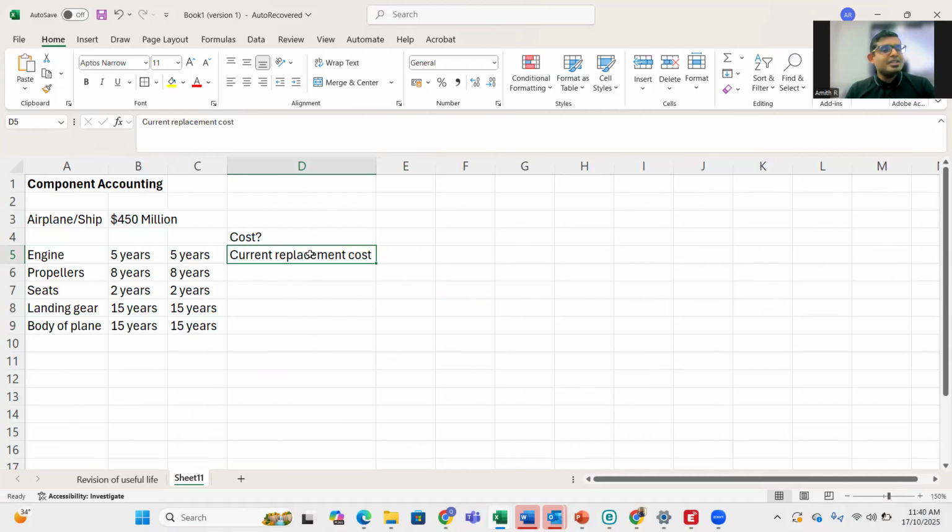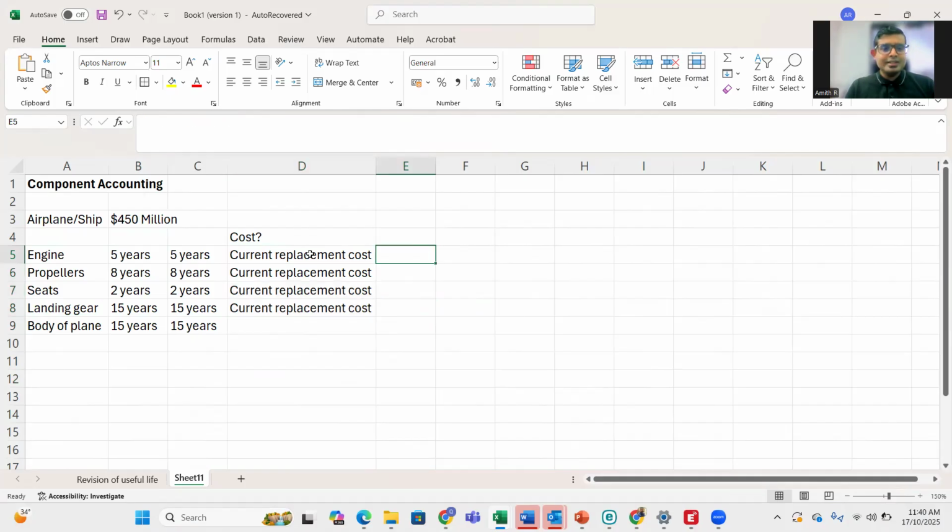So replacement cost as on which date? The date when it is coming in as PPE. Okay. You have to take the current replacement cost. So let's say the current replacement cost of this is 150 million. For the propeller is 50 million. For the seats is 20 million.